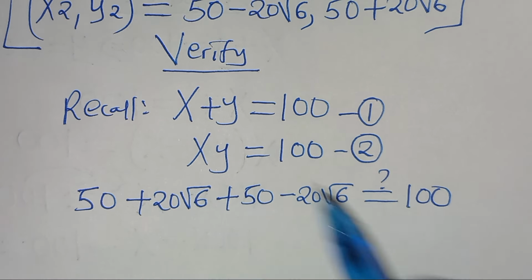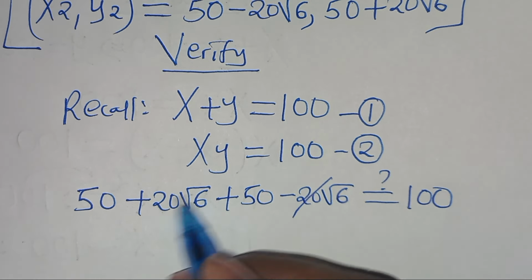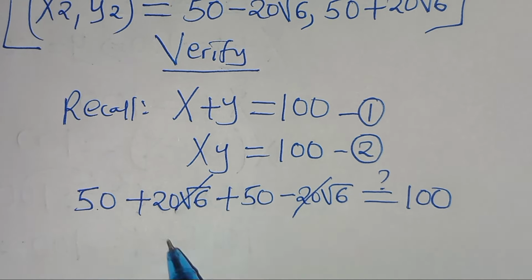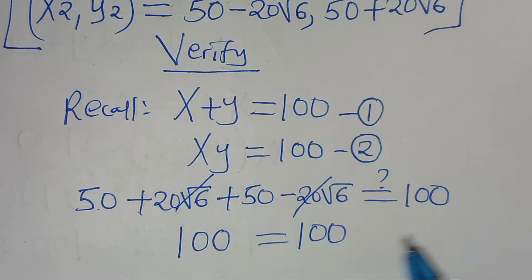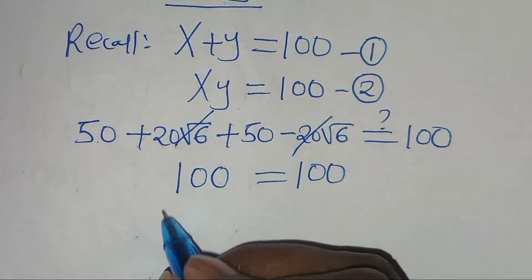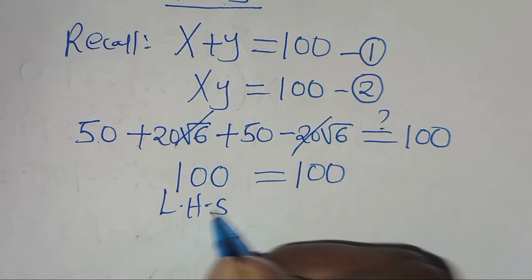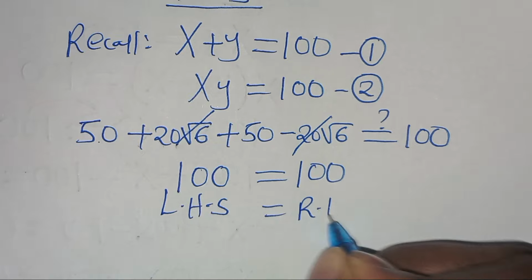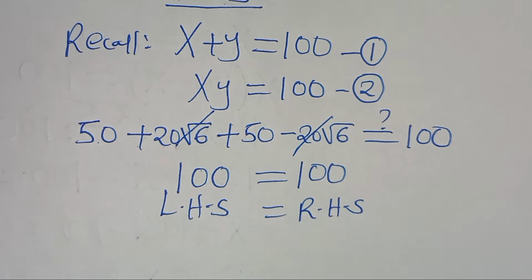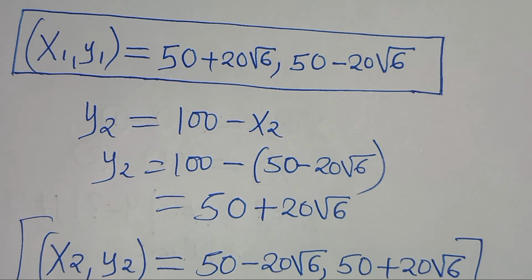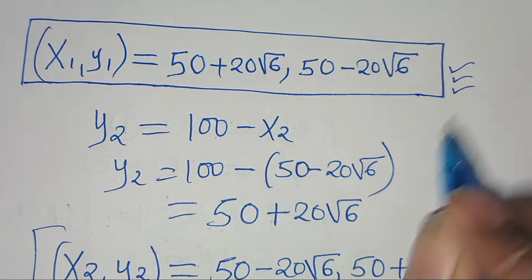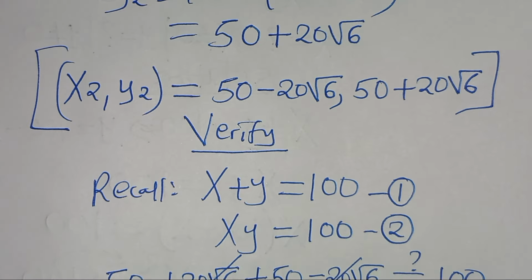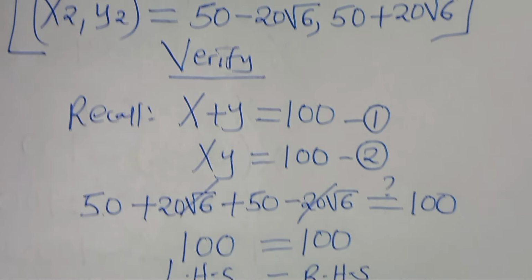So 20 square root of 6 minus 20 square root of 6 simplifies, then 50 plus 50 is 100, which is equal to 100. So the left hand side is equal to the right hand side, and this verifies that x1, y1 satisfies the equation. So let's check x2, y2.